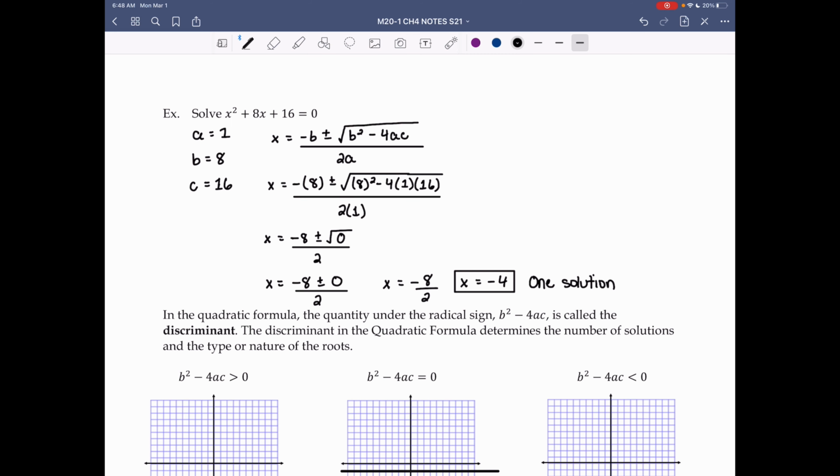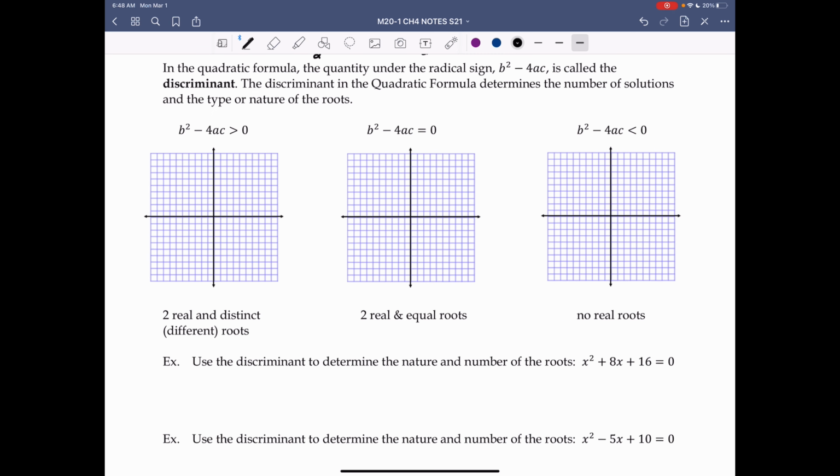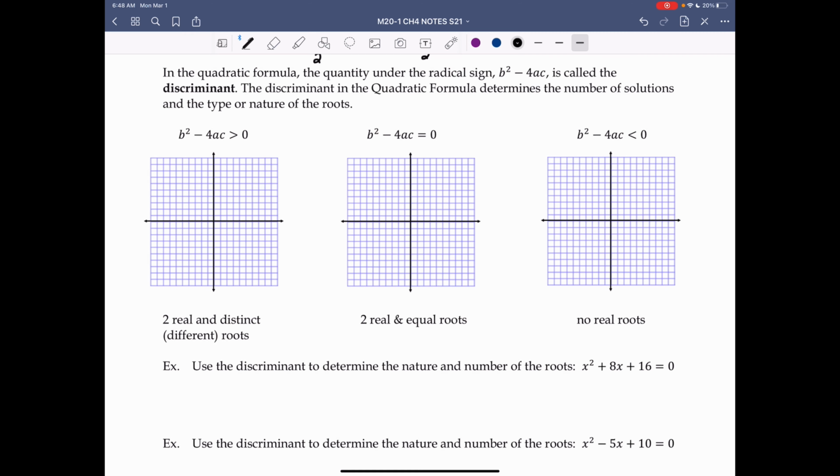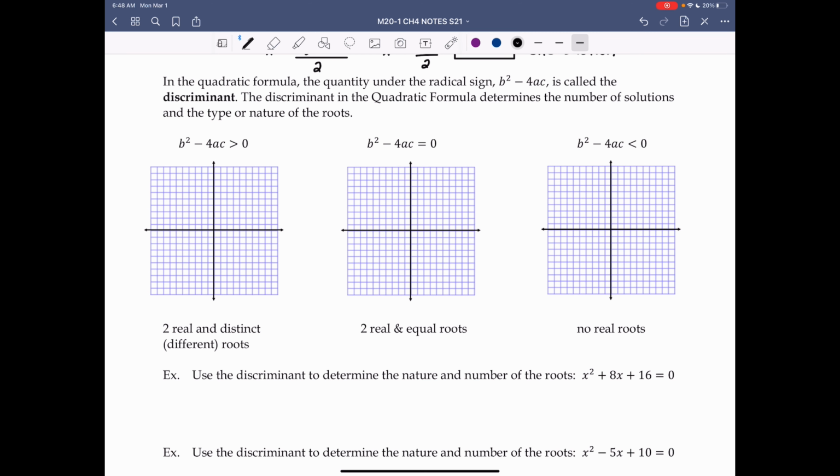In the quadratic formula, the quantity under the radical sign, b squared minus 4ac, is called the discriminant. The discriminant determines the number of solutions and the type or nature of the roots.